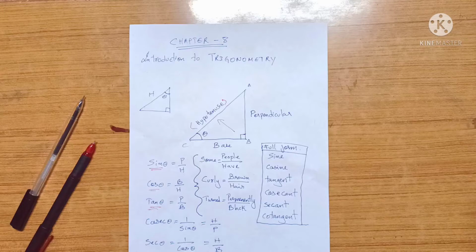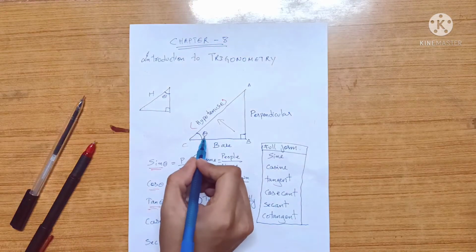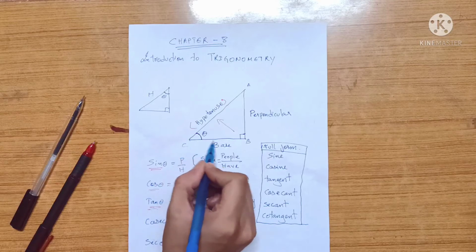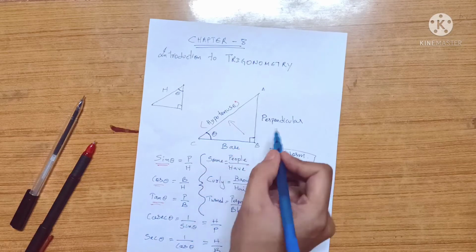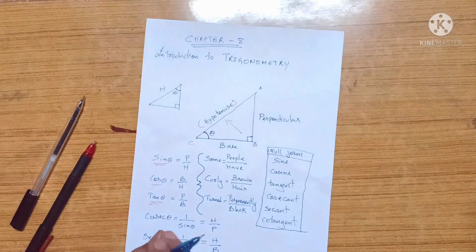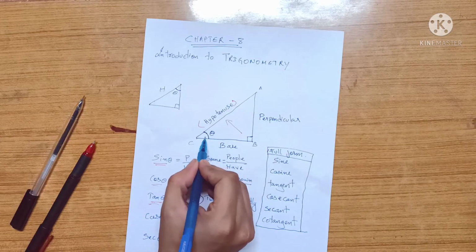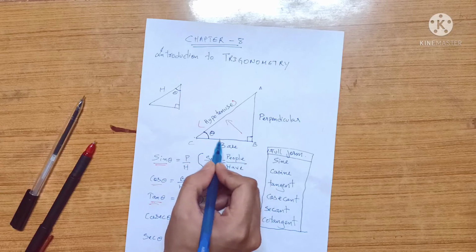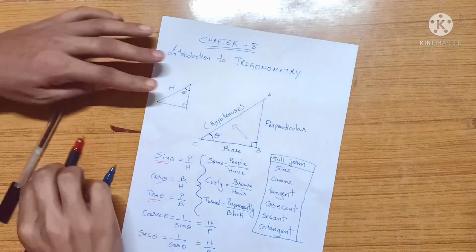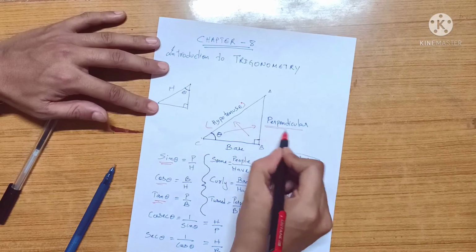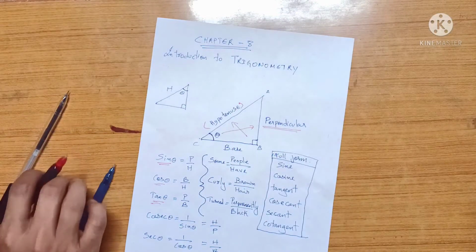Okay. So in case this is the theta, wherever the theta is, that becomes the base, and opposite of the theta becomes the perpendicular. Let me repeat that properly. Wherever theta is, that becomes the base, and the opposite to theta becomes the perpendicular.